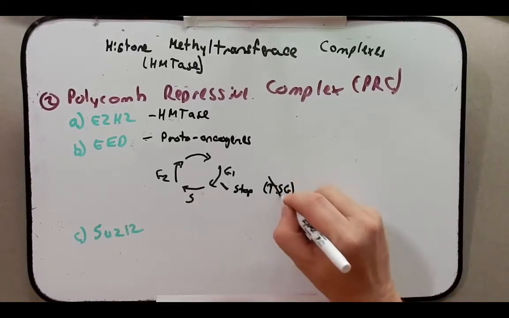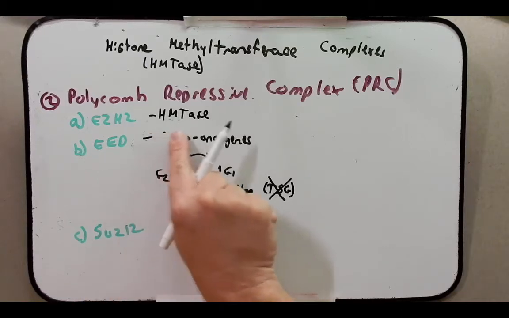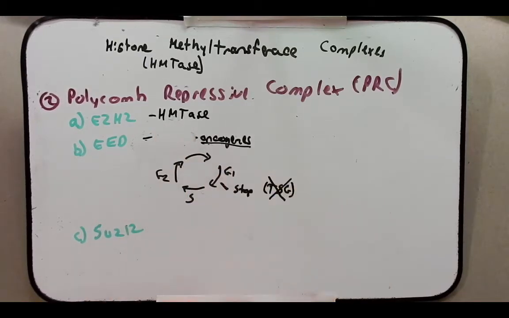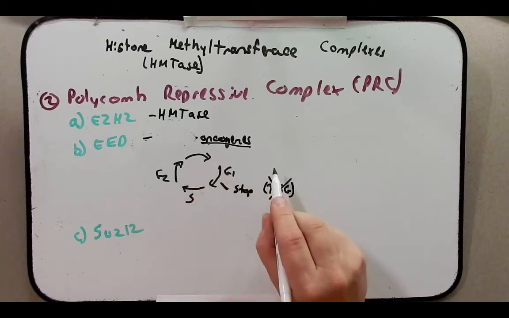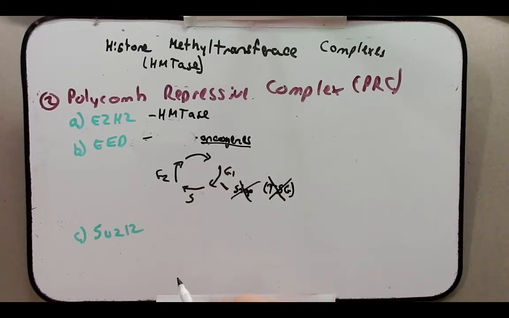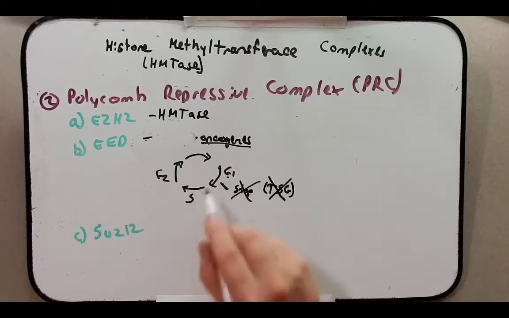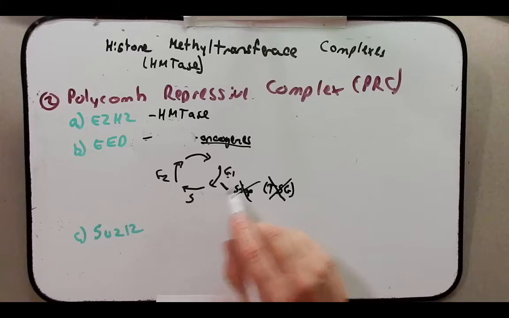EED will block the expression of this tumor suppressor gene. And under normal circumstances, that's okay, because if there are no mutations present, we want this cell cycle to proceed. The problem comes when EED becomes an oncogene, and it's expressed all the time. And so it's always preventing this stop from occurring. And so we're always going from G1 to S. It's always inhibiting the expression of this tumor suppressor gene.